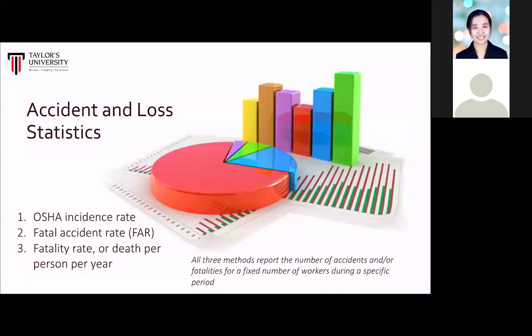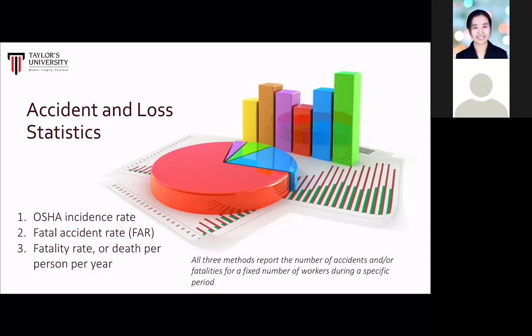Okay, so again, as engineers, we always like to look at numbers. We can't live without numbers. Accidents or safety, we only measure by a few things here, what we call accidents and loss statistics. So we have the OSHA incidence rate to talk about lost workdays, or even the incidence rate, the number of cases.